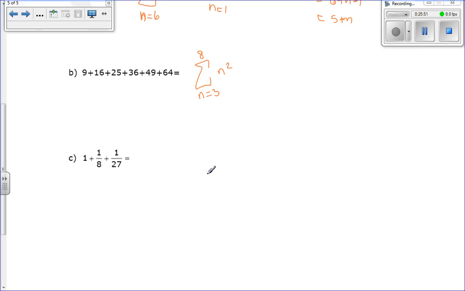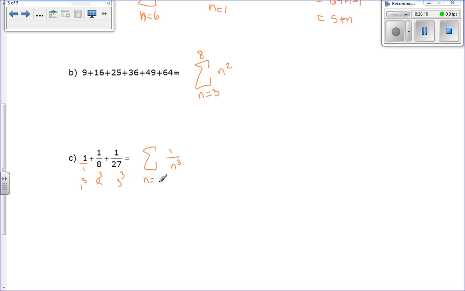Alright, for letter c, again, this is neither arithmetic nor geometric, so we just kind of got to look at what we have. This is 2 cubed, this is 3 cubed, and we can put that over 1, and I bet you we could have 1 cubed there. So really, this is just 1 over n cubed.